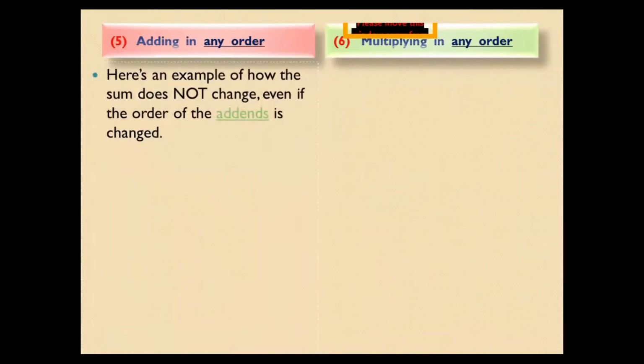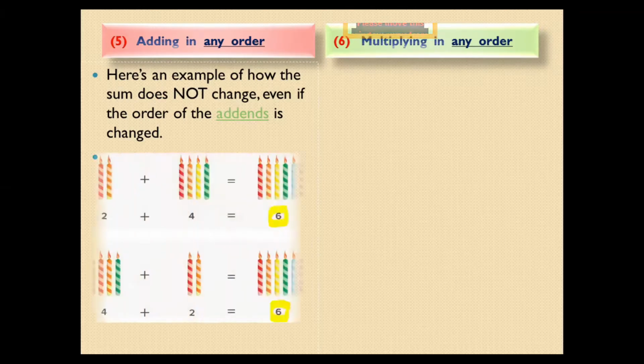Here is an example of how the sum doesn't change even if the order of the addends is changed. I want to get the sum of 2 plus 4. 2 plus 4 equals 6.